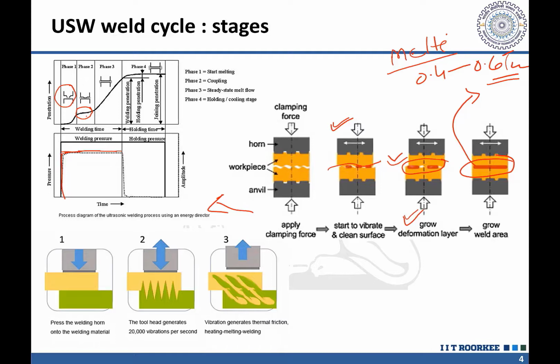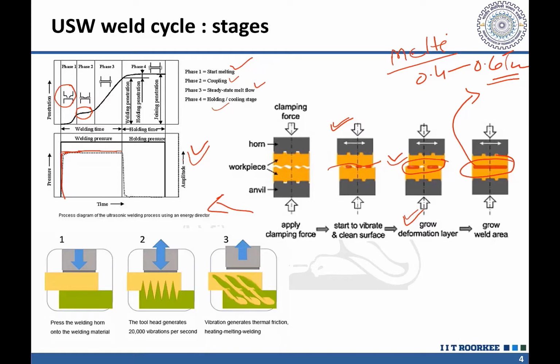So this is a typical cycle or stages for the polymeric material, where the melting is taking place, then the two are completely coming in contact, then the steady state flow, and then eventually hold, and the cooling stage, that's the fourth stage.